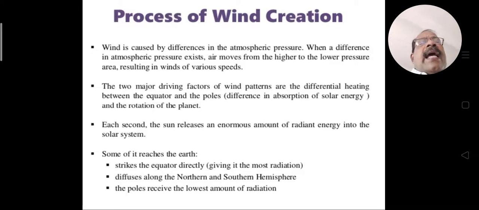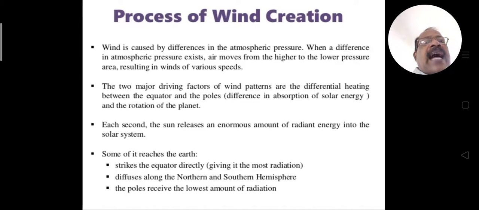So this is due to the rotation of the earth, the rotation of the planet. Each second the sun releases an enormous amount of radiant energy into the solar system, and some of it reaches the earth.